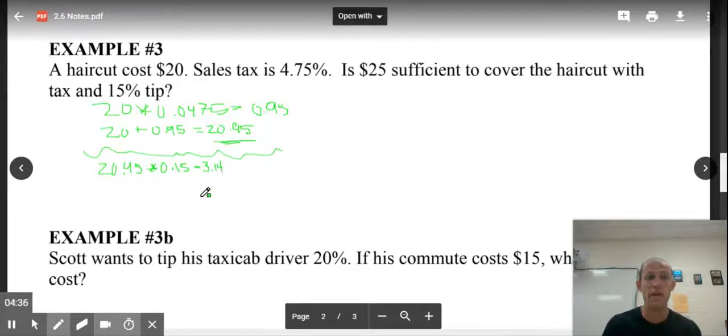I must now add my tip on. So this was the tax, this is the tip, and I must add that on to what I'm paying. 20.95 plus my tip of $3.14, and I will get an answer of $24.14.